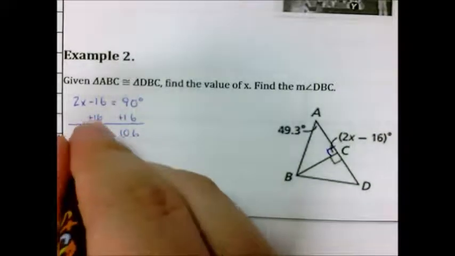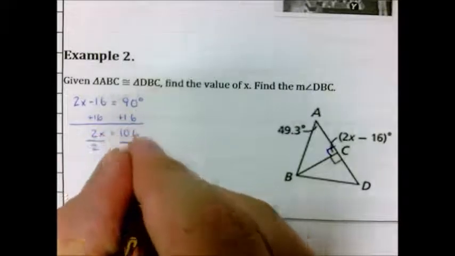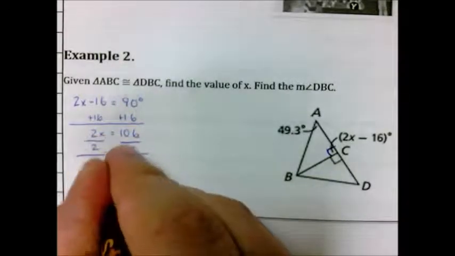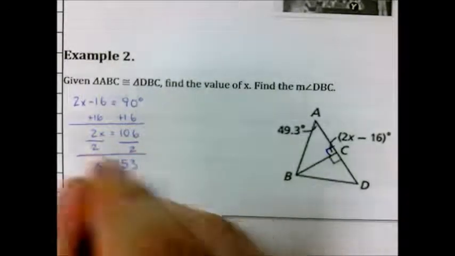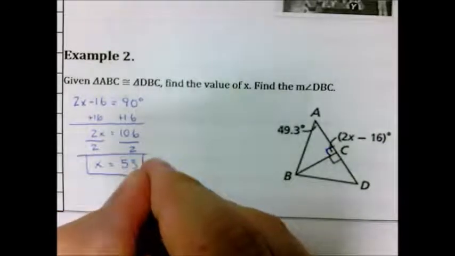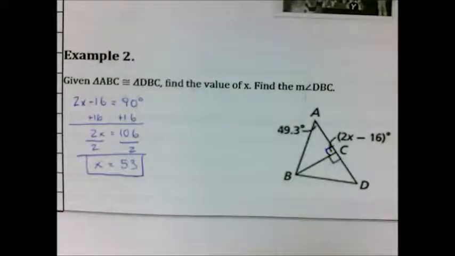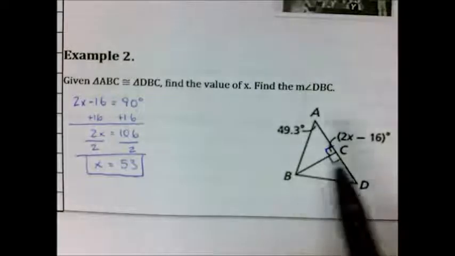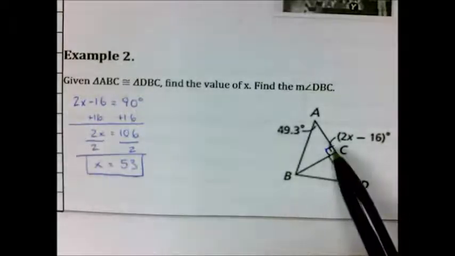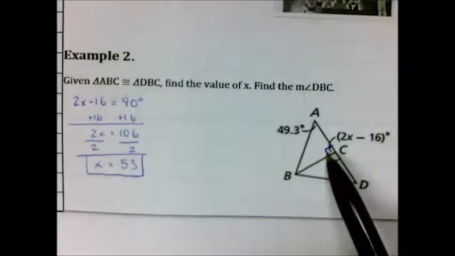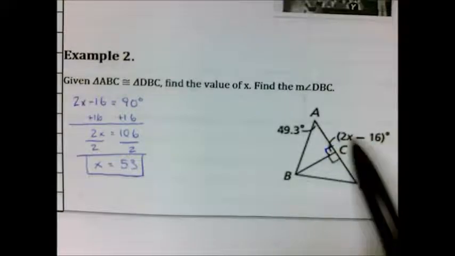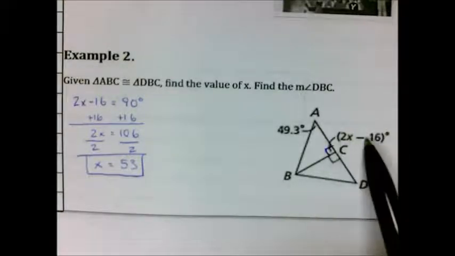Then divide by 2 on both sides, and we get x equals 53. So the value of x is 53. That's not too difficult. I just made sure I knew the measure of this angle was 90 degrees, and then set the whole expression equal to 90.